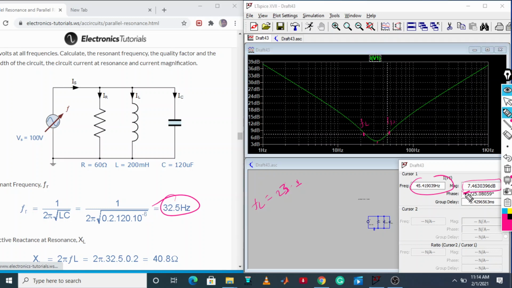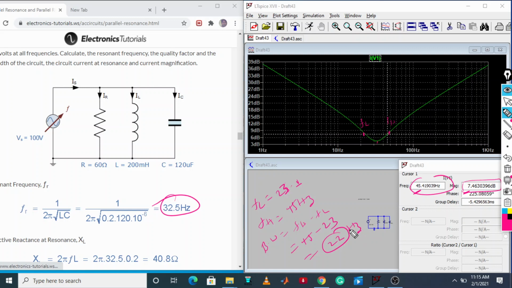See, this is 7.44, and what is that frequency? FH is equal to 45 hertz. And what will be our bandwidth? FH minus FL. What will be 45 minus 23? It is around 22 hertz.